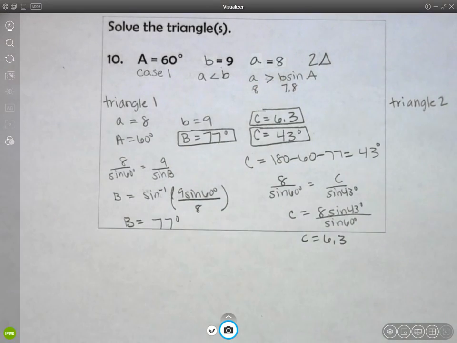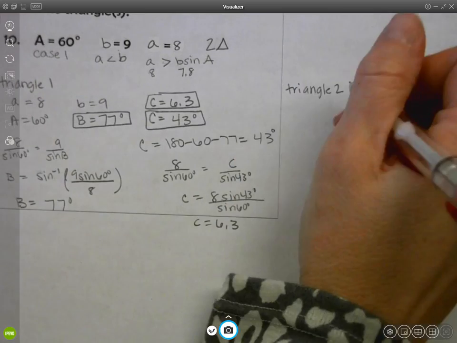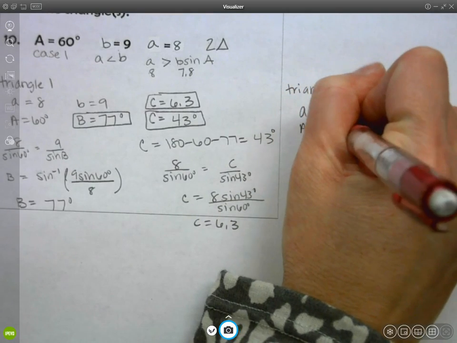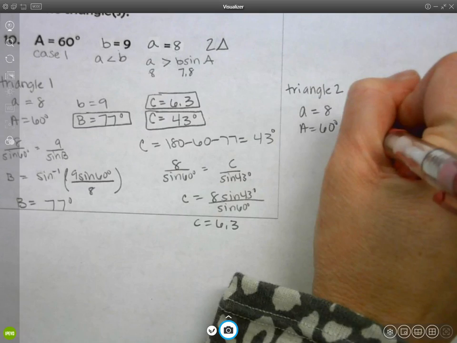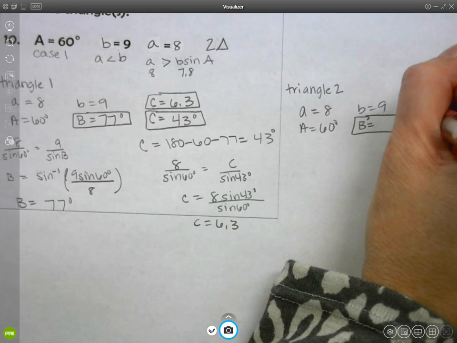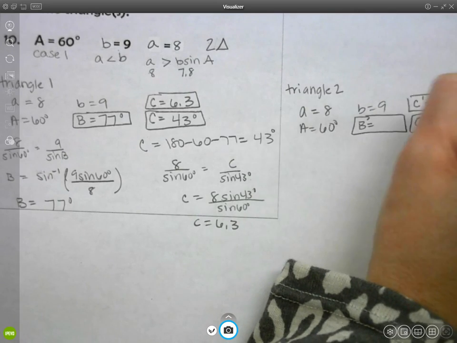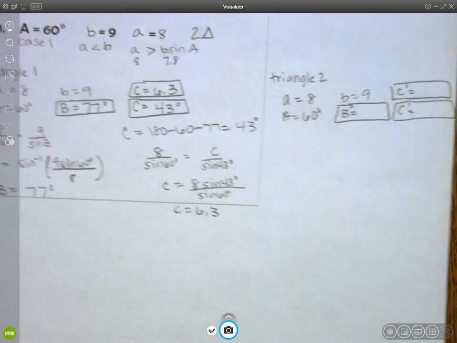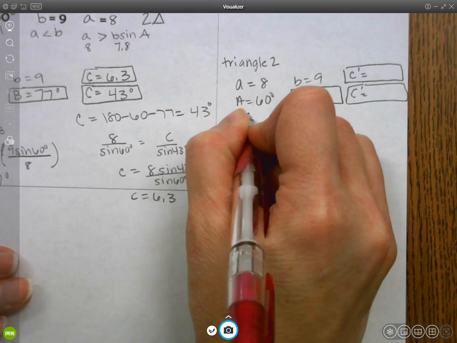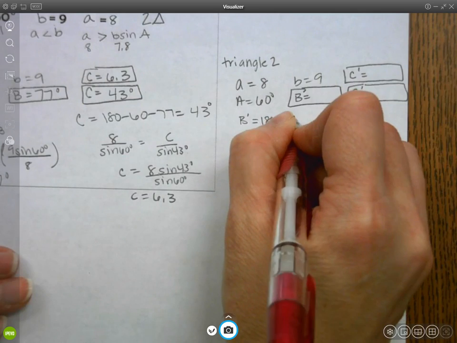Alright, so now that you have done triangle 1, triangle 2 has the same given information. But we have a new angle B, a new side C, and a new angle C. Remember that the first thing we do is find angle B. And that's always going to be B prime is equal to 180 minus angle B that we found a minute ago.